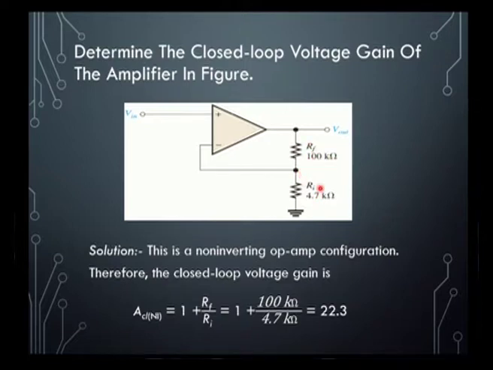We know the formula for closed loop non-inverting gain, 1 plus RF divided by RI. By substituting the values of RF and RI and simplifying, we get 22.3 as the gain. Gain does not have any units, so 22.3 is the closed loop gain.